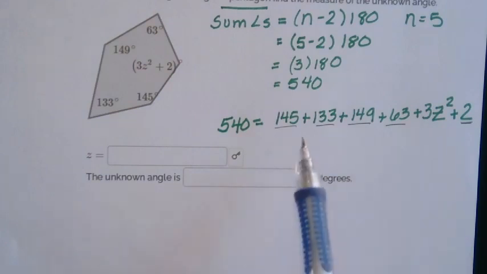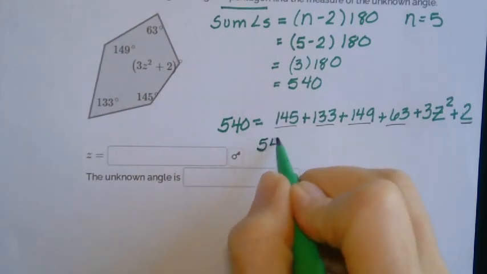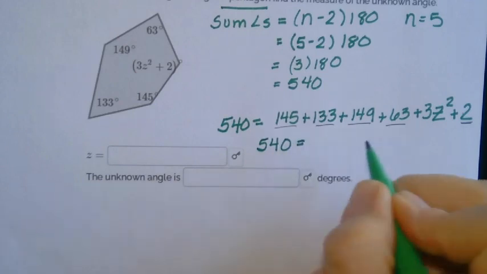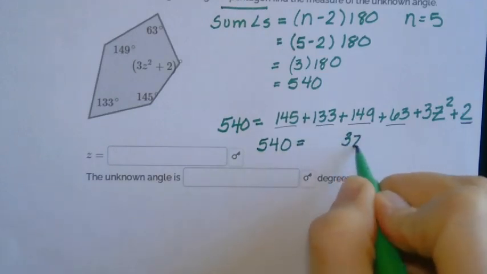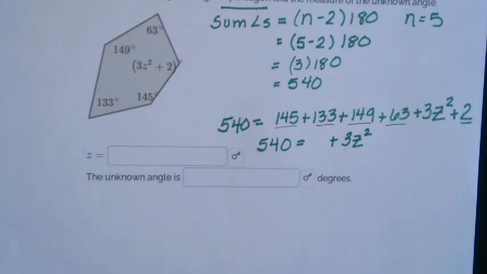Tell me what you get when you add up all these like terms. Don't forget the 2 that might have gone off the page when we started the notes, because that angle was 3z plus 2.